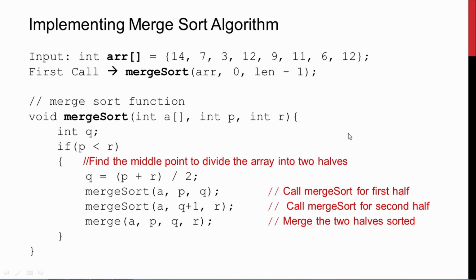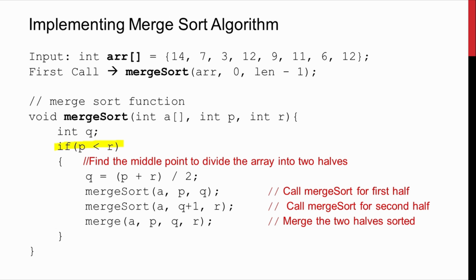So in the implementation part of merge sort, the merge sort function repeatedly divides the array into two halves until we reach a stage where we try to perform merge sort on a subarray of size 1. That is, here we have the condition p less than r, or sometimes p equal to r.